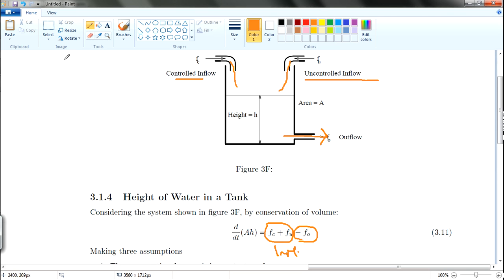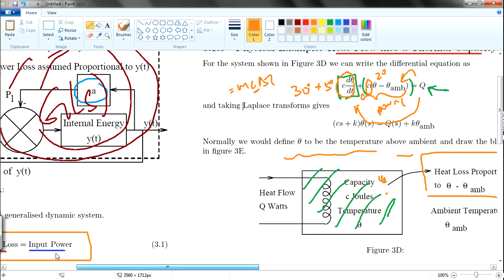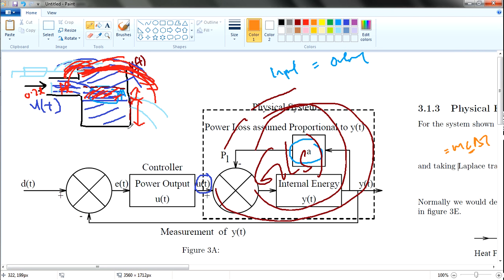Actually, if you were to bring this power loss into this equation, it's plus, so this will be our change in the amount of internal energy we have, the height. You may wonder, is this water tank analogy the same as mine? Mine is a little different: mine is uncontrolled flow out.